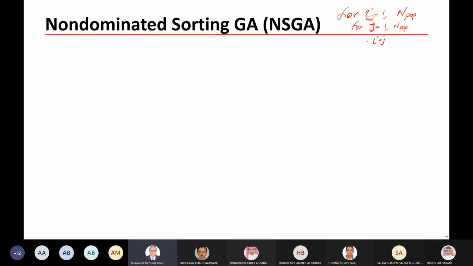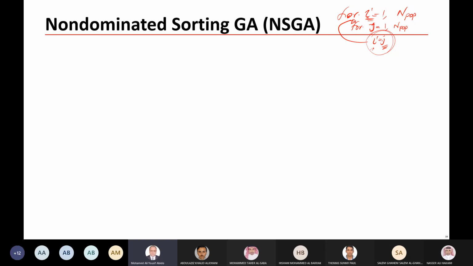You can skip this j and go to another j. Otherwise, you compare this solution and this solution. Which one is dominant? Which one is non-dominant? If a solution j is dominated by i, you mark it as dominated and you exclude it for the time being.